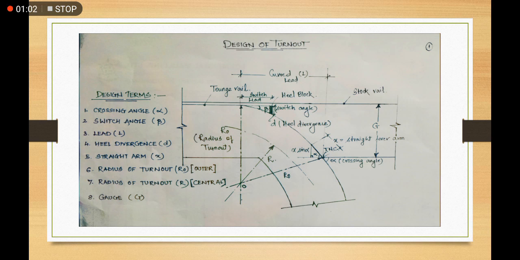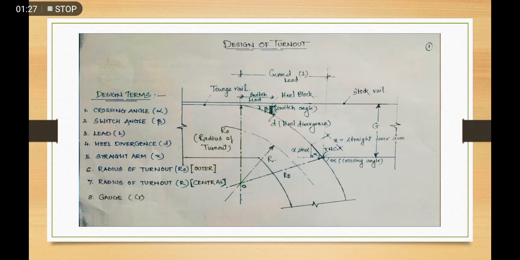in this slide, you can see a layout of a right hand turnout. A line diagram is shown with details, as well as on the left side you have the design terminologies which are associated with the turnout. So let us see.